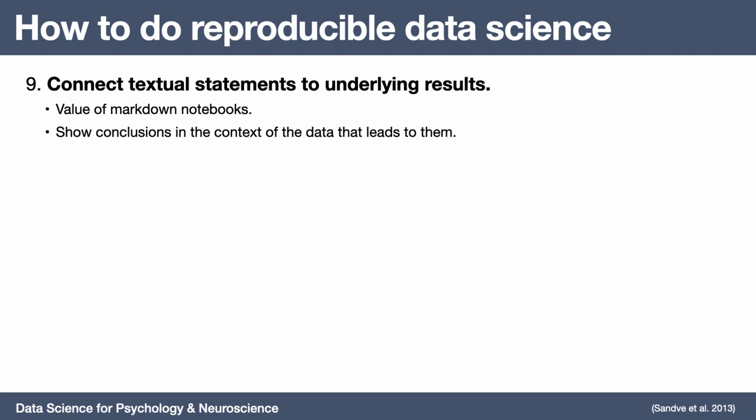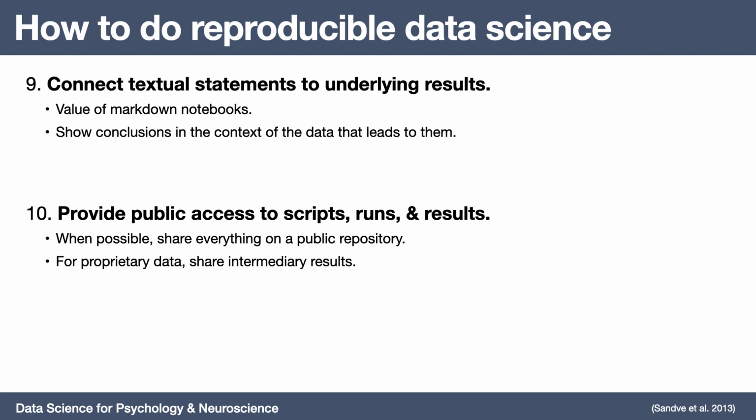So you want to learn how to put this in the caption, or, if using markdown notebooks like Jupyter, you can have a text statement that's linked right above the code that's used to execute a plot that shows the result that you want. So you want to be able to keep the conclusions in the context of the data that leads to them. And this proximity makes it easier for people to not go through conceptual leaps for interpretation and reduces the inferential reproducibility of your work.